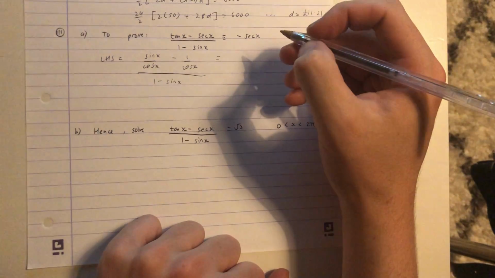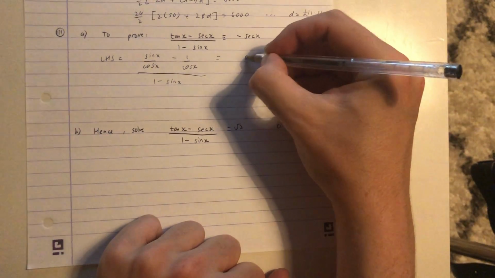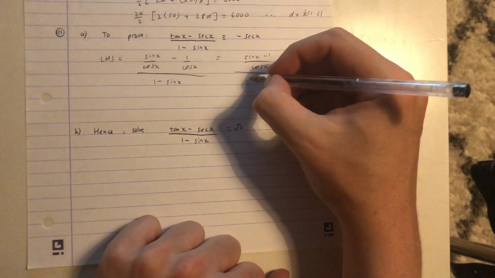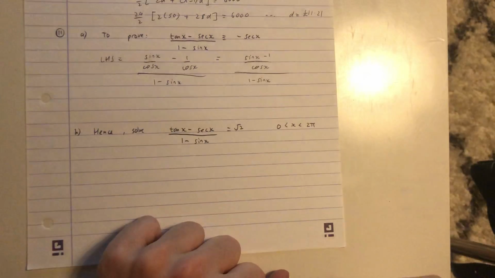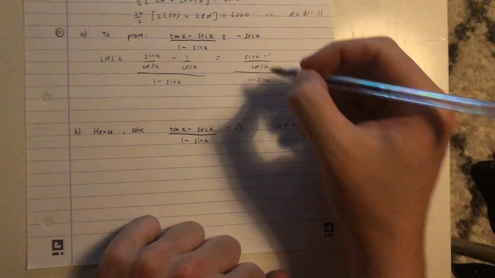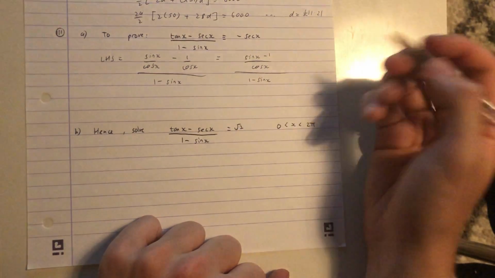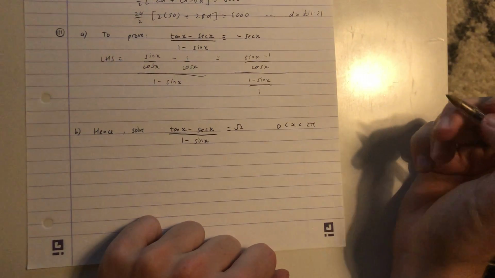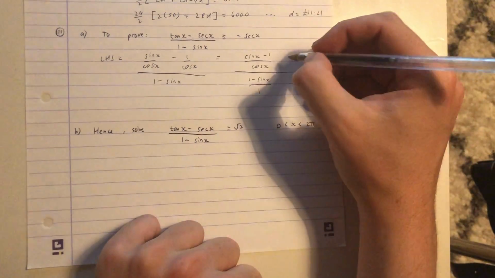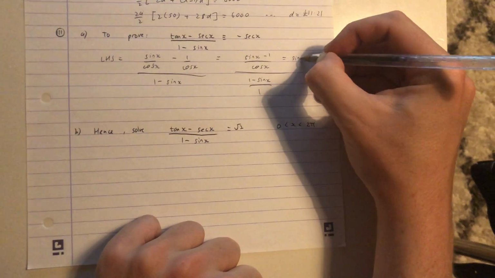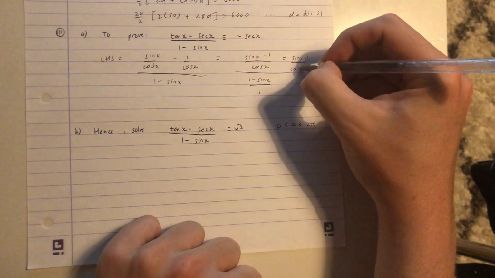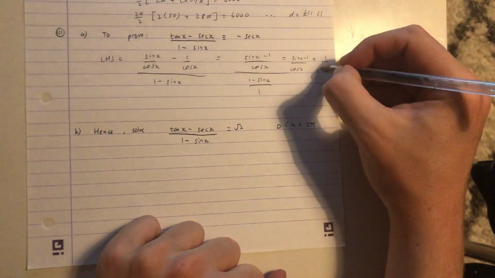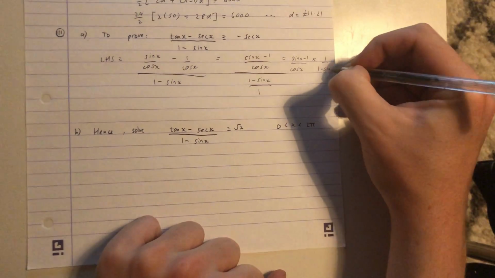This is, as a single fraction on the top, sin x minus 1 over cos x divided by 1 minus sin x. And this is a popular trick now when you've got a fraction divided by not a fraction, just write it as over 1. And then that is the same as sin x subtract 1 over cos x times that denominator flipped, 1 over 1 minus sin x.